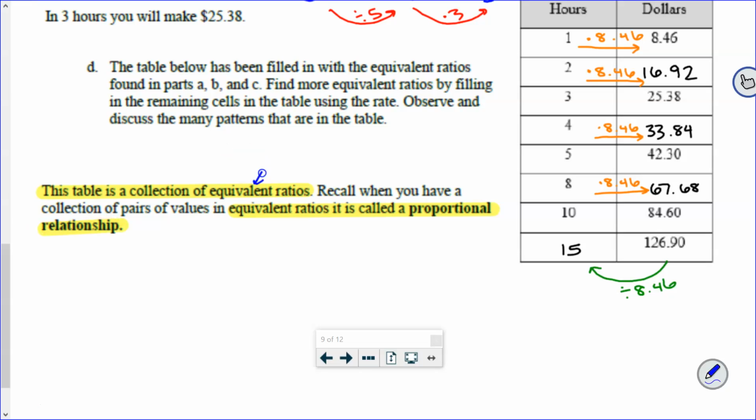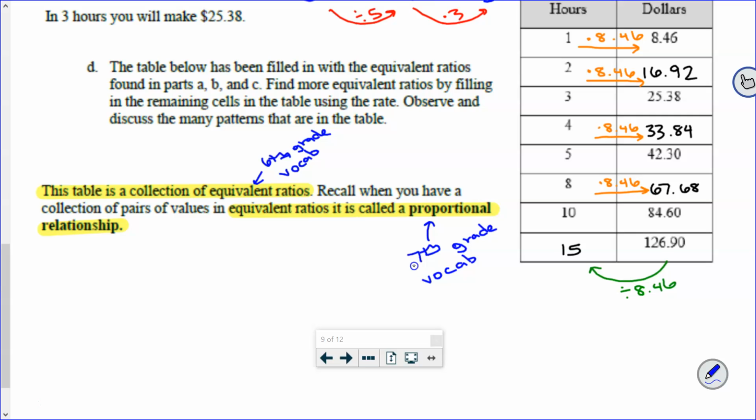This right here, this is 6th grade terminology. But we are not in 6th grade anymore. We're in 7th grade. So we use 7th grade language and we say proportional relationship. But we don't need to be scared of that big word, proportional relationship, because it just means equivalent ratios.